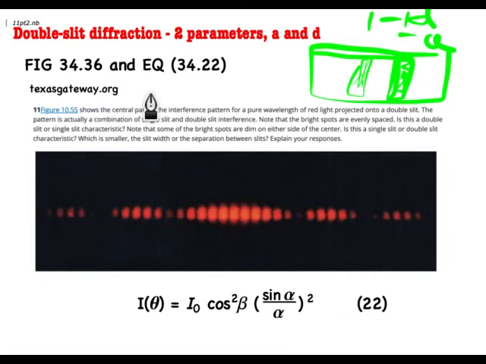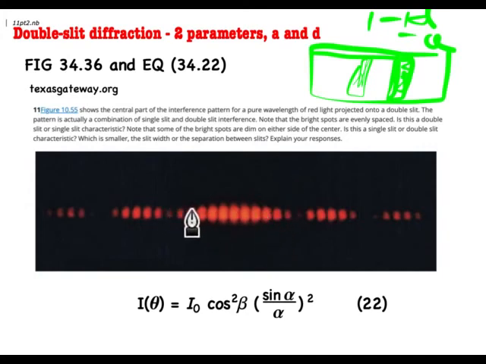Here's a copy of a figure from a website. This is the center part of the interference pattern for red light on a double slit. And it's actually a combination of single slit and double slit interference. So you see you have a kind of single slit interference pattern.